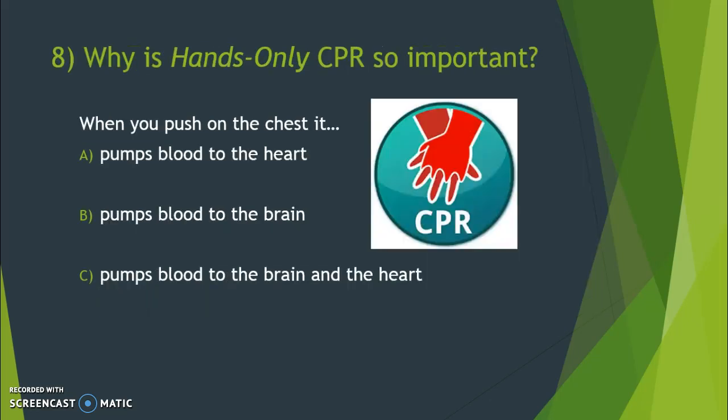Number 8. Why is hands-only CPR so important? When you push on a person's chest, it A. Pumps blood to the heart. B. Pumps blood to the brain. C. Pumps blood to the brain and the heart.